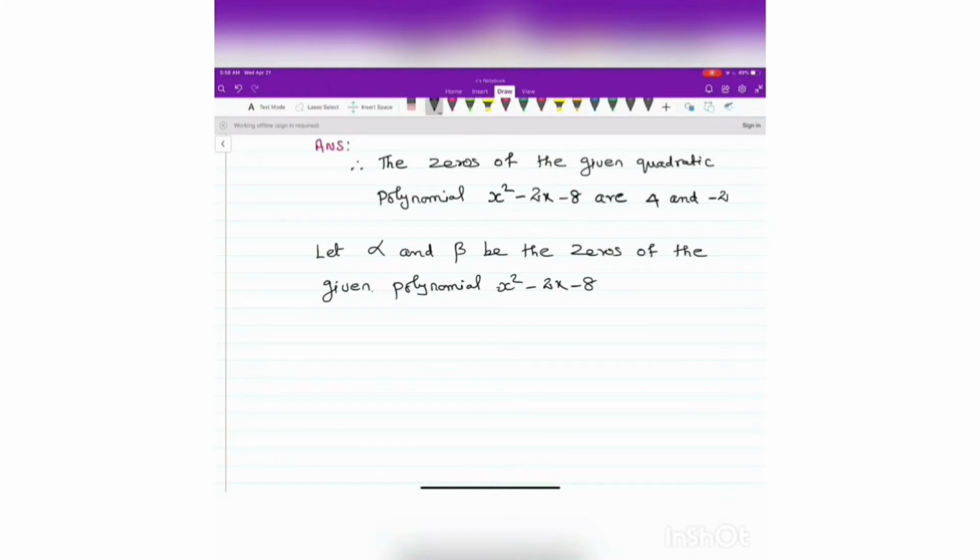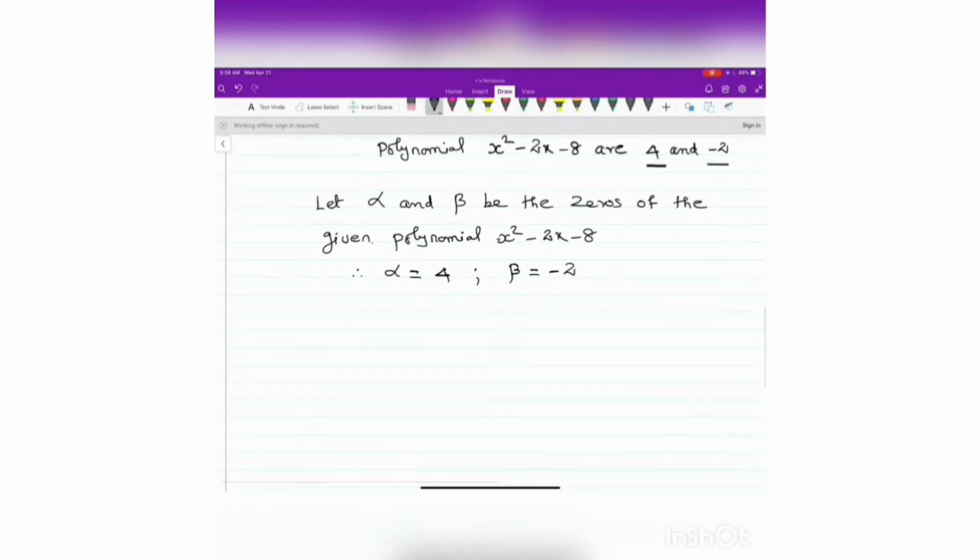Okay, already we got the zeros as 4 and minus 2. Therefore, I can take alpha is equal to 4 and I can take beta as minus 2. Okay, what will happen to the sum of the zeros?